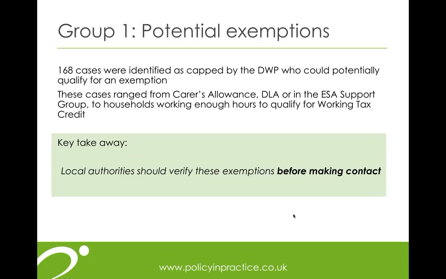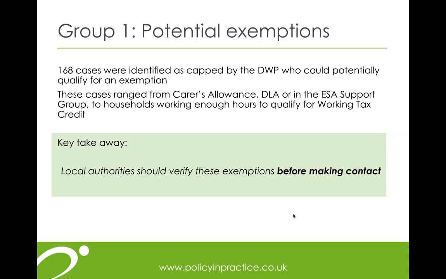These cases range from claimants claiming carer's allowance or DLA, or claimants in the ESA support group. This is due to changes in the methodology that the DWP has made between one scan and another, and it might also be due to the fact that we use a more up-to-date SHIBI extract than the DWP, and we identified these cases.